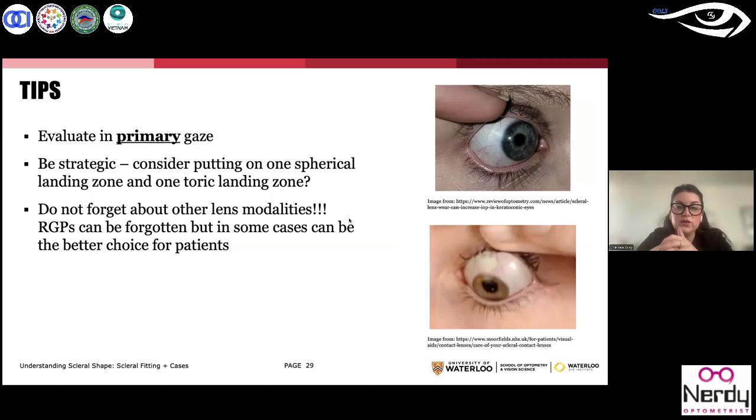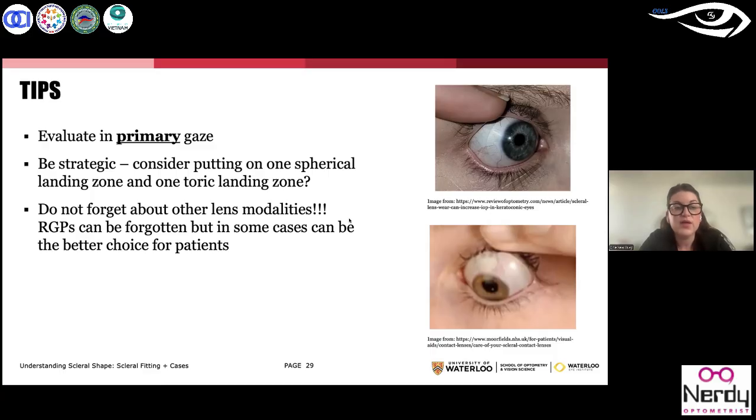And then we mentioned earlier being strategic about spherical landing zones and toric landing zones. You could consider putting on two lenses, one spherical, one toric, and comparing. Try and use it to your advantage if your fit set has both of those types of lenses.